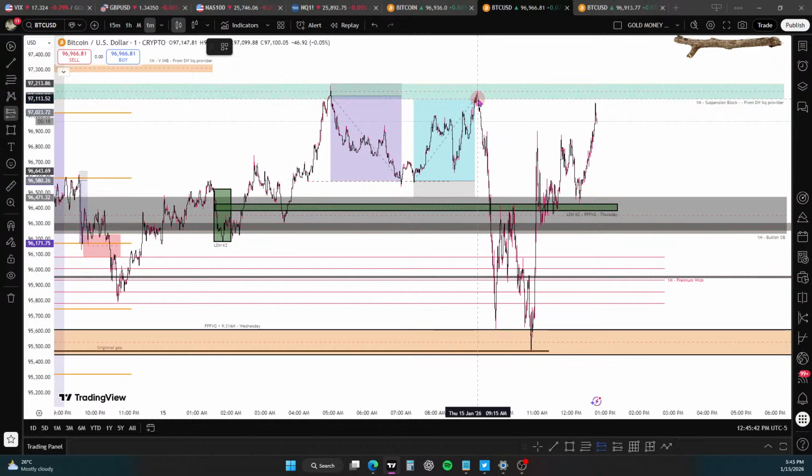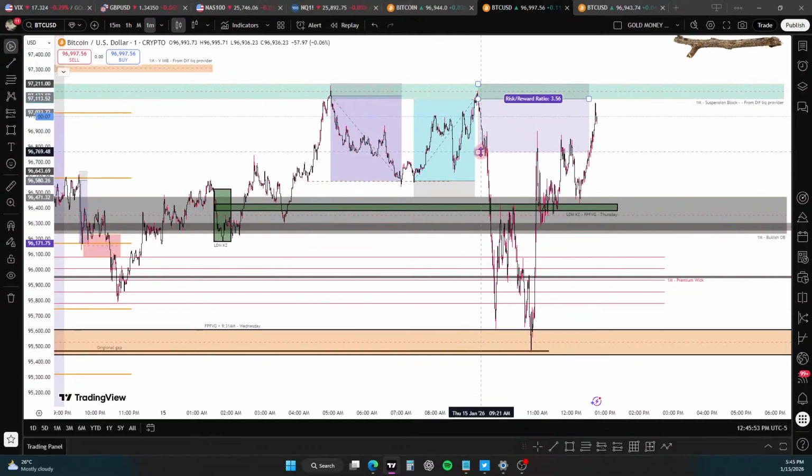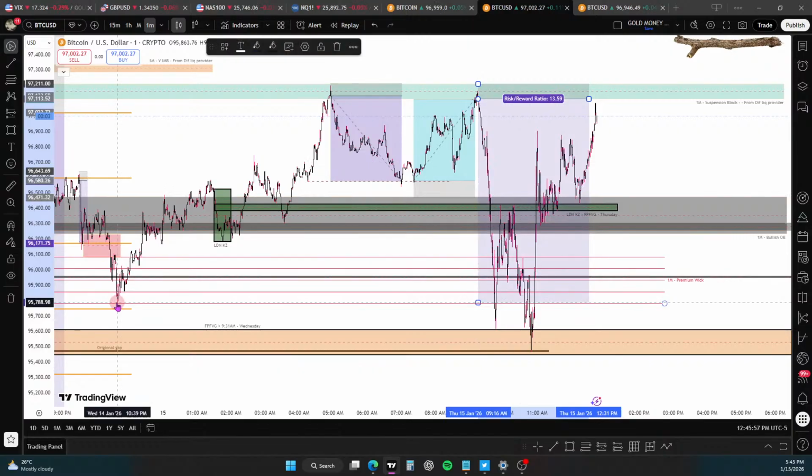And then you could have sold the consequent encroachment of this thing, but you wouldn't have had time to do that. So maybe you could sell here and use that as your stop. And then what can you target? You can target this low down here. But look, you've got these lows, all of these stop losses.